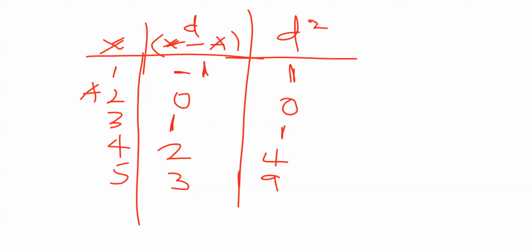Excuse me, sir. What is the value of A? A is 2. You can see I've written A attached to that 2, showing that the 2 is the assumed mean.